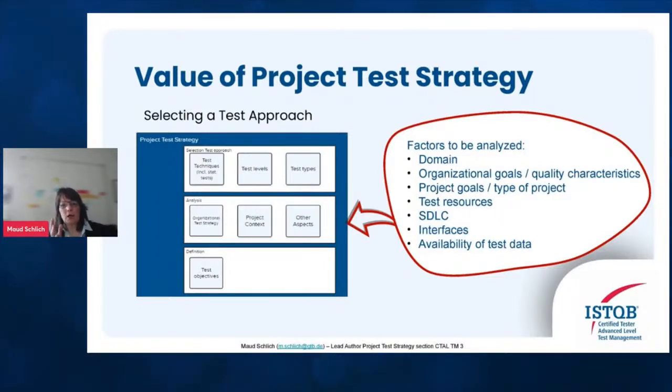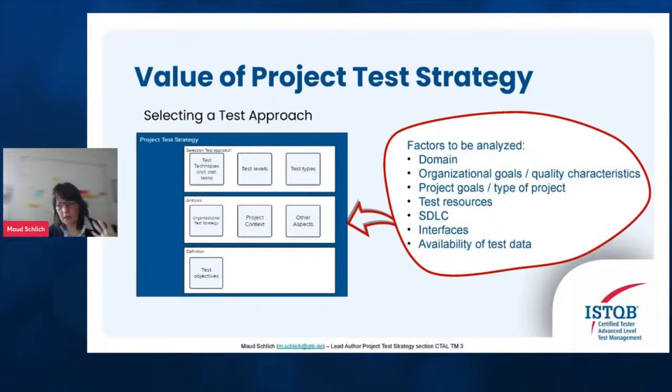The organizational goals you have been given, with all the quality characteristics you have to fulfill, are important as well. It may be that your company has a goal like you have to reach some kind of model like TMMI, and you have to fulfill a given level there.